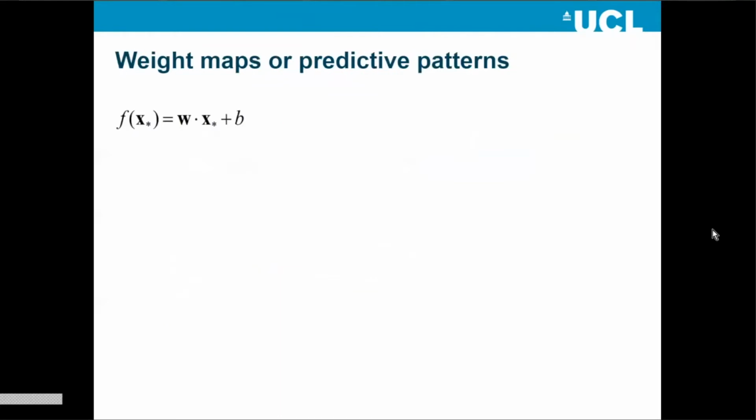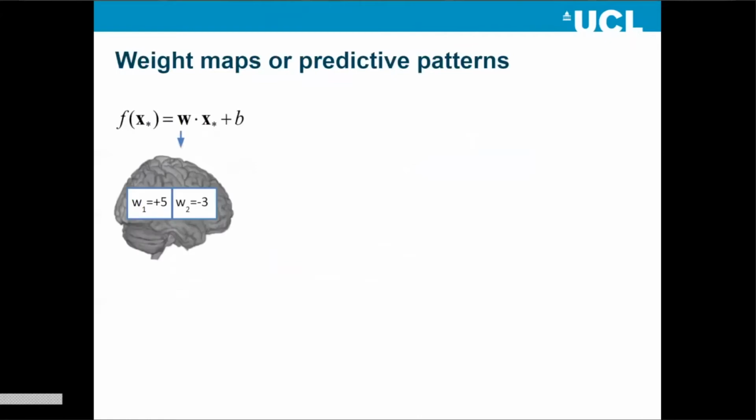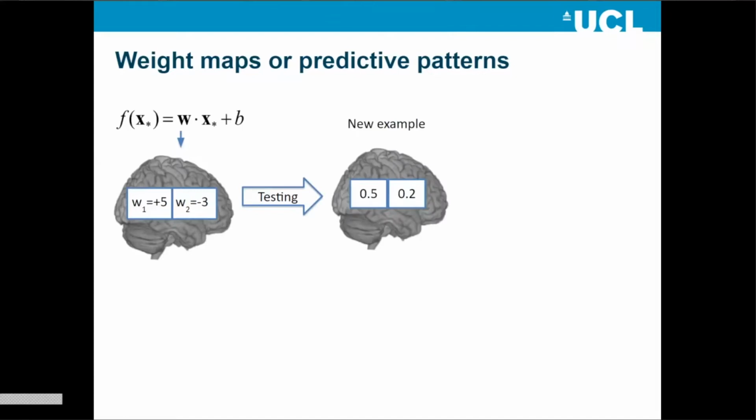So what exactly is that weight vector W? Its goal is really to make a prediction about a new data point, so X star in this case. So if I take my brain with, let's say, only 2 voxels, and I fit my model, and I have weights for feature 1 and feature 2, then I get my new example, and what I do is I multiply the weight of voxel 1 by its value.